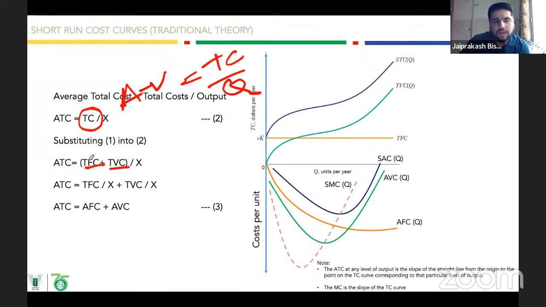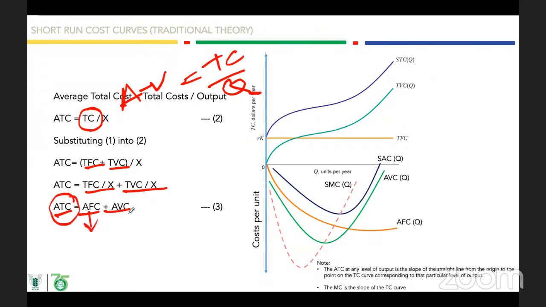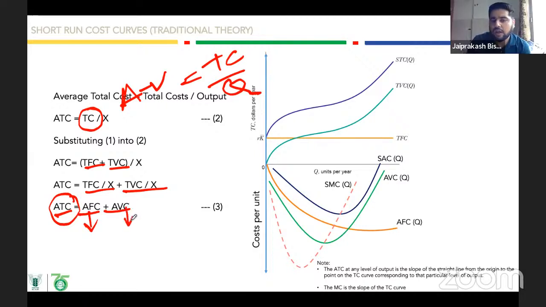If we substitute this value, TC equal to TFC plus TVC, in this equation 2 from equation 1, which we have seen in the last slide, we will get ATC equal to TFC by X plus TVC by X, which is ATC equal to AFC plus AVC. This means average total cost is the sum of your average fixed cost and average variable cost. Then we will derive it graphically. Here we have derived it mathematically.